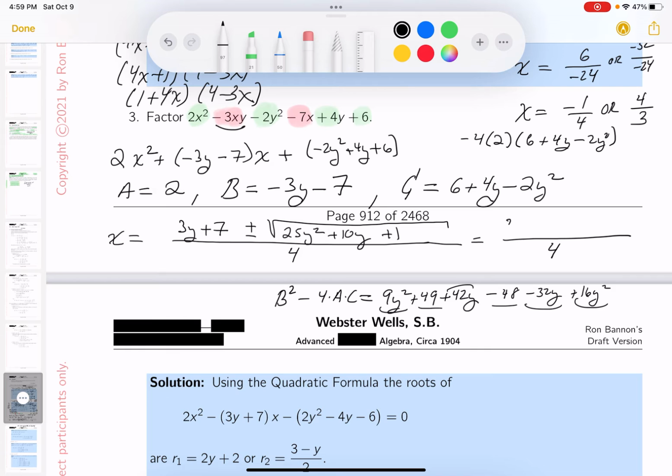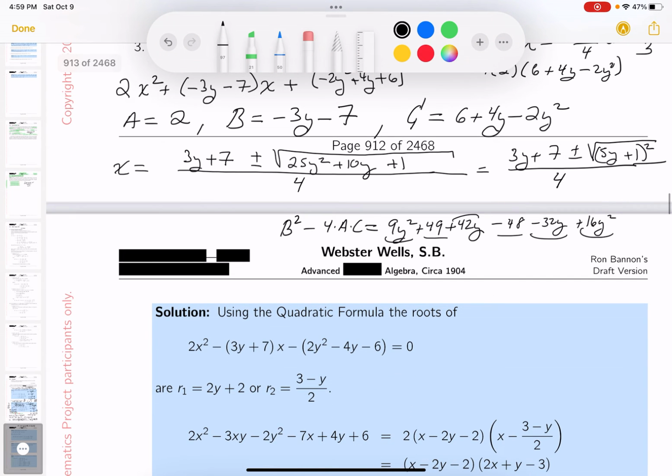4, 3y plus 7, plus or minus. Let's see if I could do that. I think I can. I'll write this down for you. It looks like a perfect square to me. 5y plus 1 squared. Now, by the way, Wells is big on these tricky things, but I'm going to write this down for you.